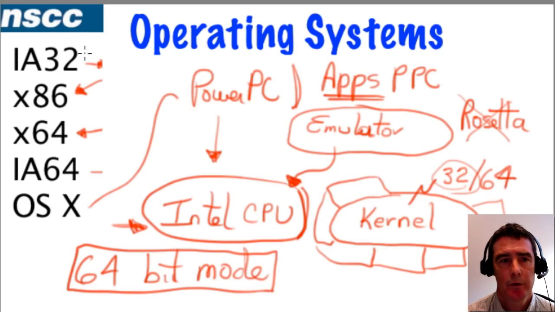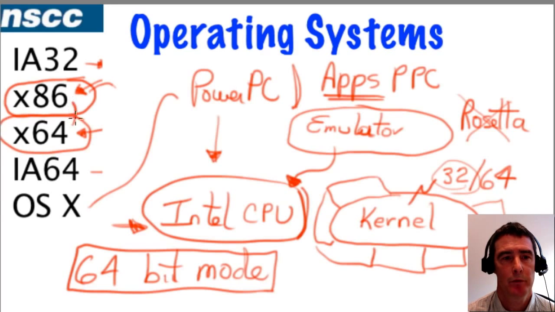So a lot of different concepts here. The IA32 was the original Intel architecture, which had a 32-bit instruction set. AMD expanded that because AMD wanted to access more RAM, and that became very popular. They started to outsell, in some ways, the Intel processors because of this capability. They called this instruction set x64, but it's really an enhancement of this one.